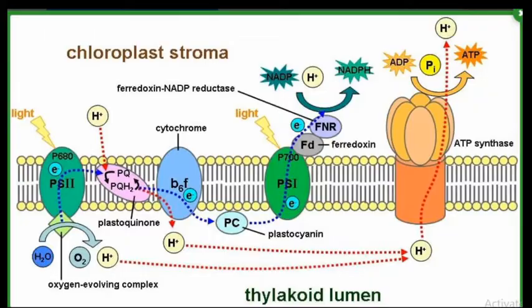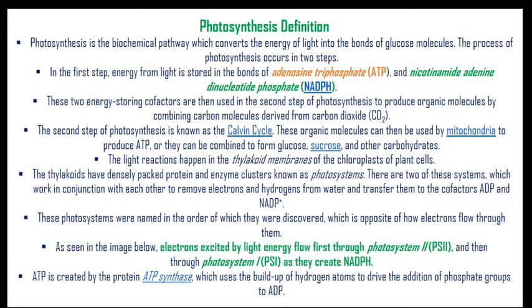As seen in the diagram below, electrons excited by light energy flow first through photosystem 2, that is PS2, and then through photosystem 1, that is PS1, as they create NADPH. ATP is created by the protein ATP synthase, which uses the buildup of hydrogen atoms to drive the addition of a phosphate group to ADP.